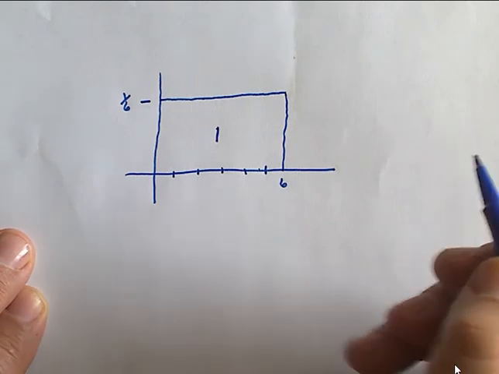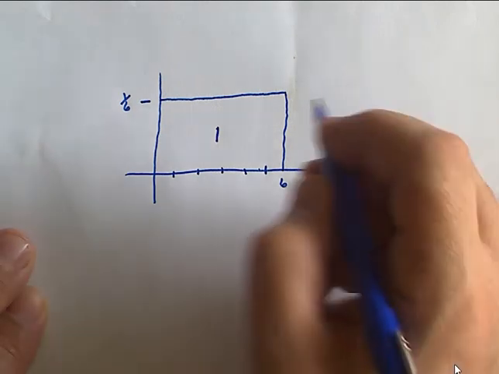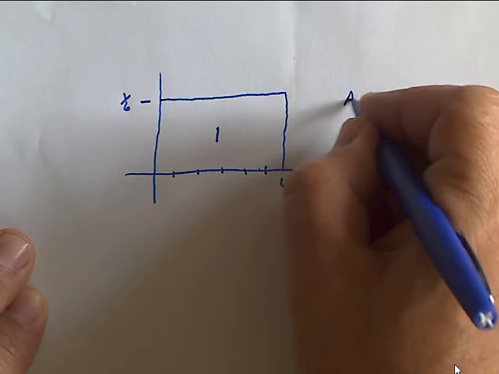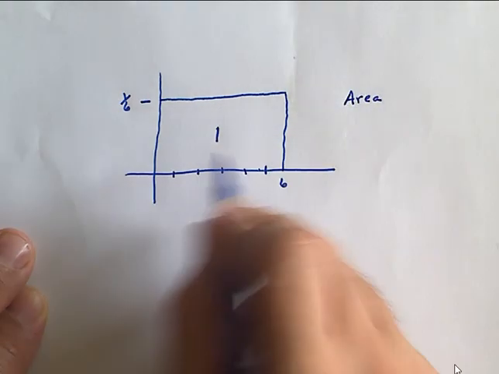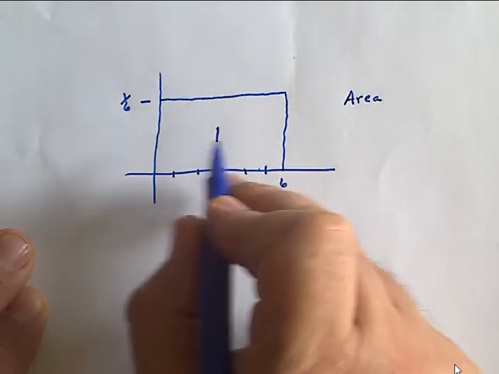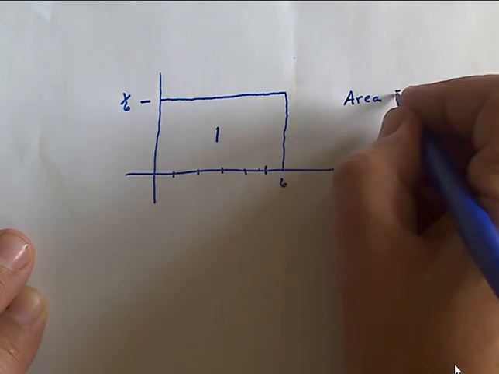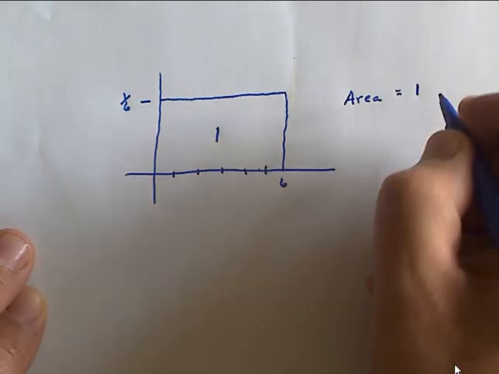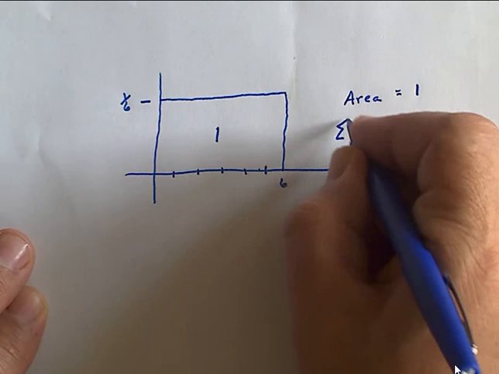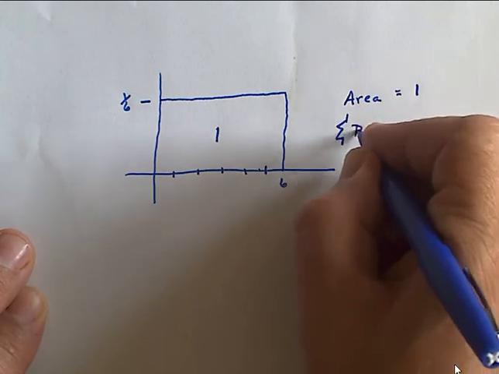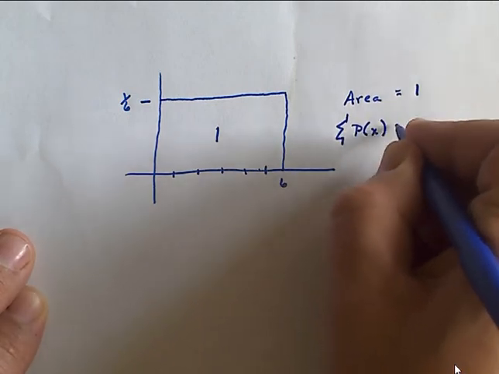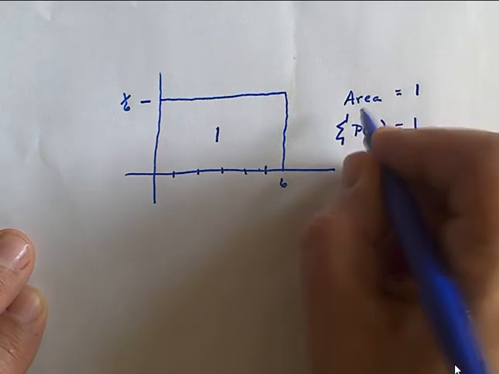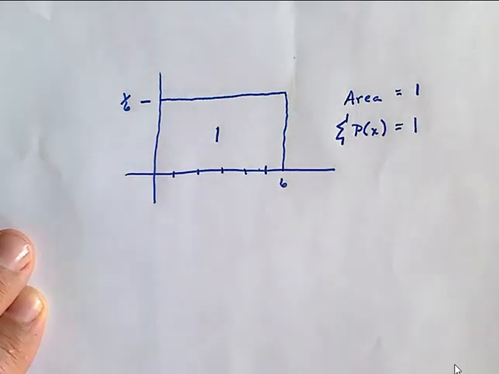Well, in that same regard, the area underneath this rectangle, inside this rectangle, must also equal 1. So the sum of all of the probabilities equals 1, and the area equals 1. The two are tied together.